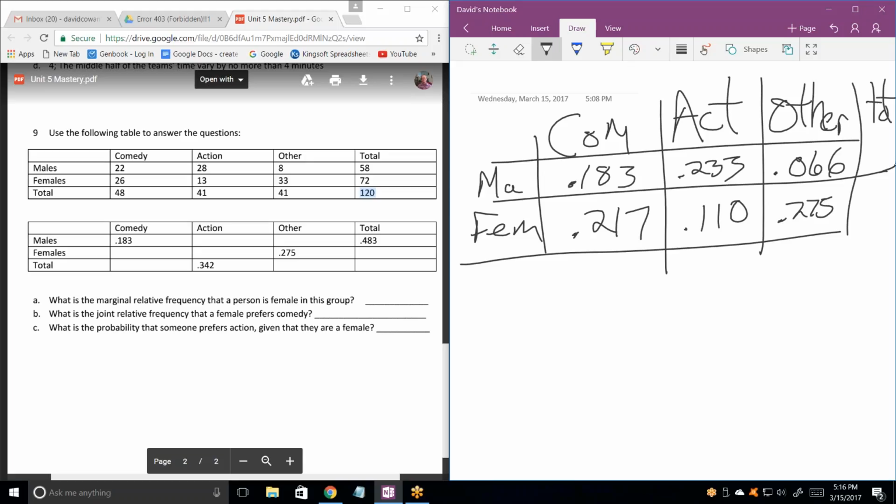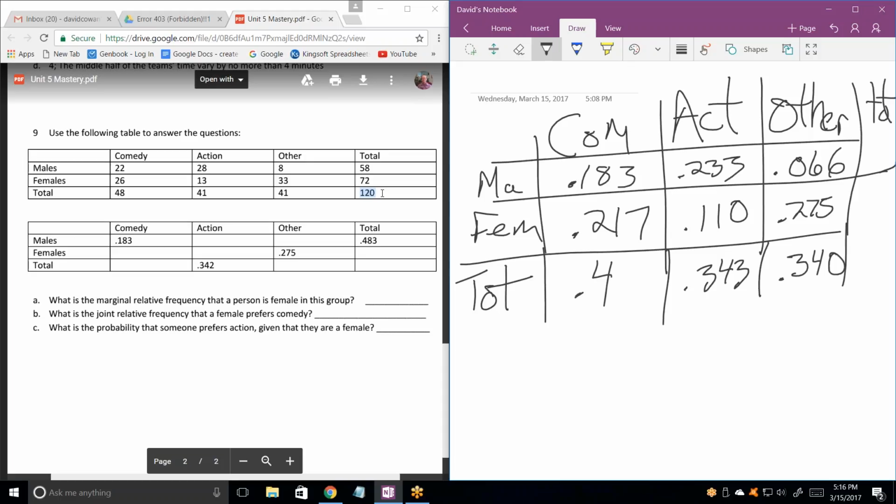Now, to get the totals, I can just add those numbers. In other words, I don't need to go back and figure out 48 divided by 120. I know it's going to be the sum of these two numbers, which is 0.4. And the sum of these two numbers is 0.343. And the sum of those two numbers is 0.340.